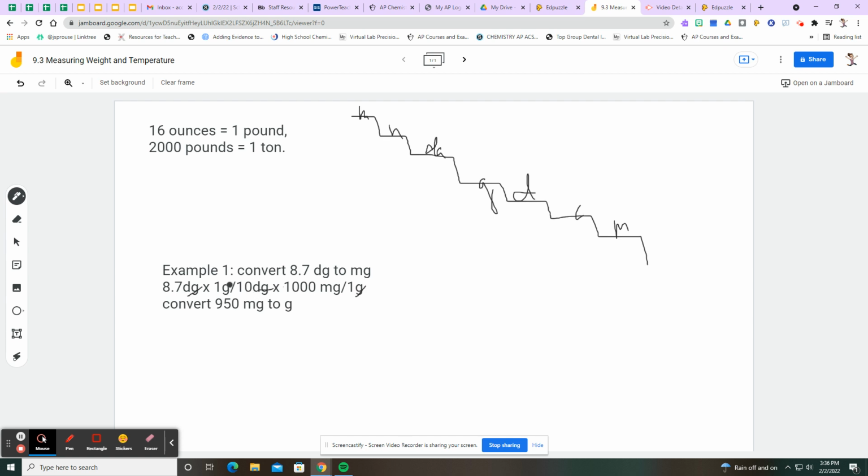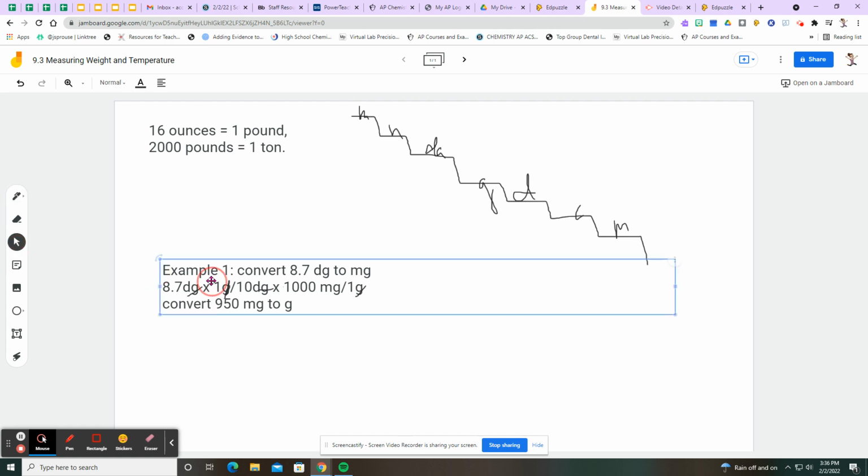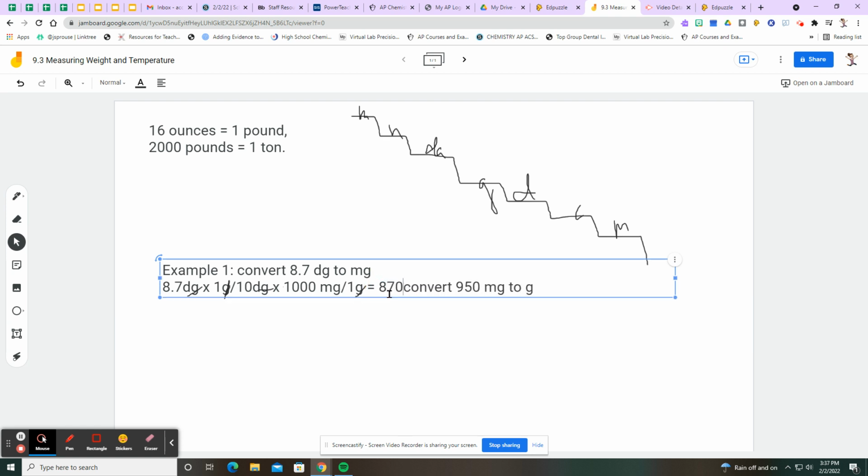Grams cancels with grams. Decigrams canceled, grams canceled. So now I have just milligrams, which is what I wanted. So it's 8.7 times 1,000 is 8,700. Then I divide that by 10, and I get 870 milligrams.